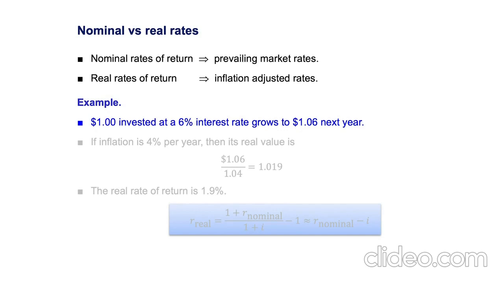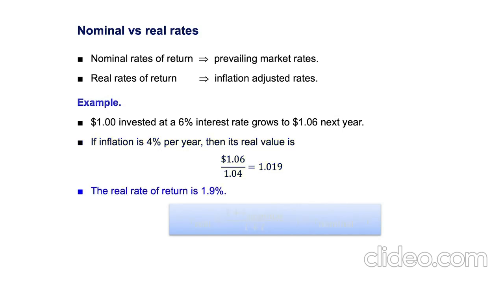We can actually look at the following example. Suppose that we have $1 to be invested in the market, and the market interest rate is 6%, which is in nominal terms. That means that $1 we put in the bank would turn into $1.06 next year. But if the inflation rate is 4% per year, the real value of this $1.06 is just $1.019, because we have to discount it by the annual inflation rate of 4%.